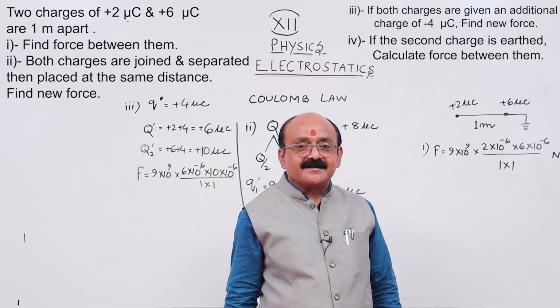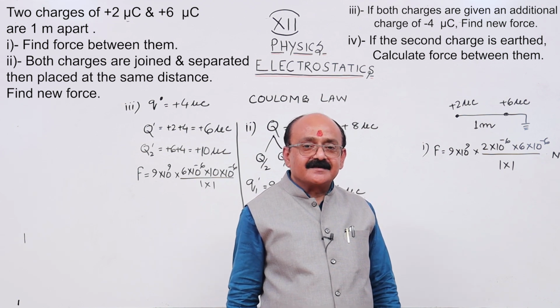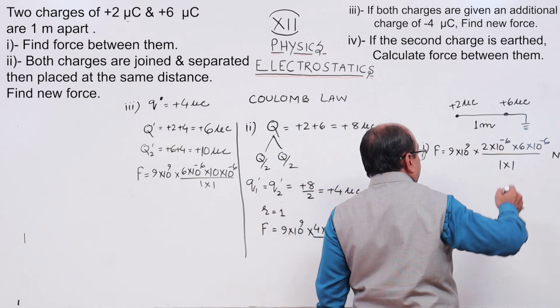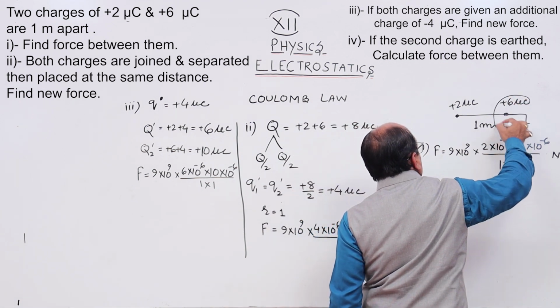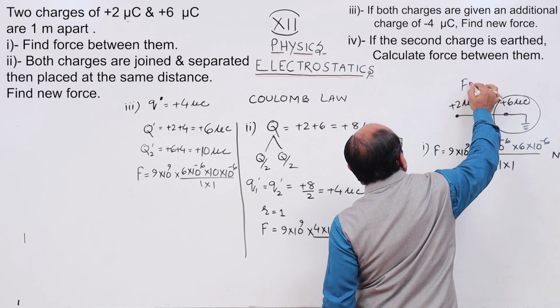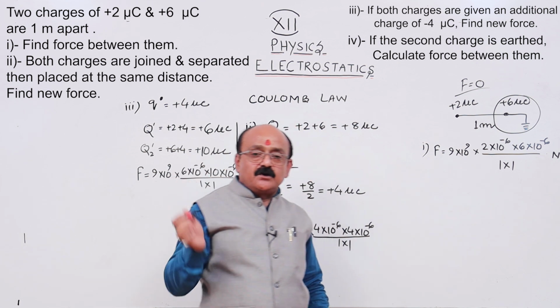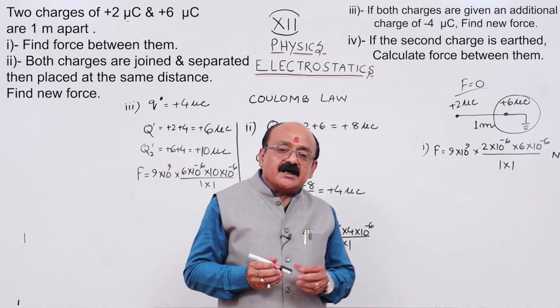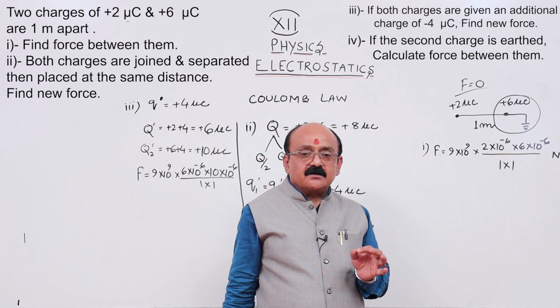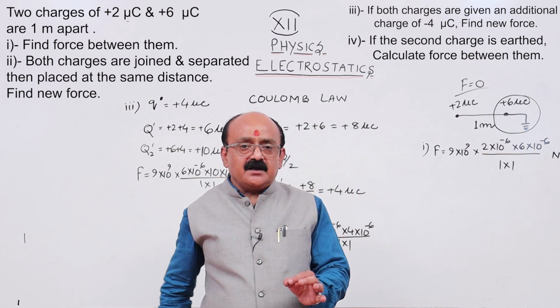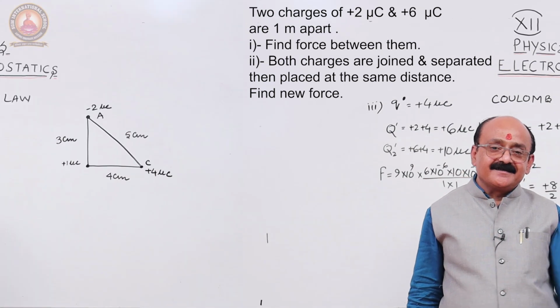Guess it. Any guess? After earthing, this charge becomes 0 and the force becomes 0, because initially I have told you the single charge does not create any force of attraction or repulsion.